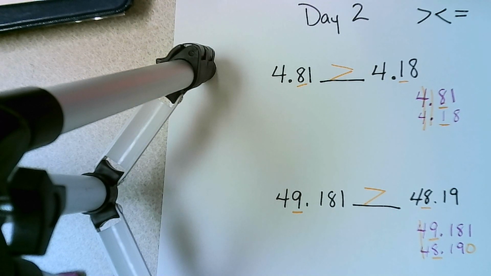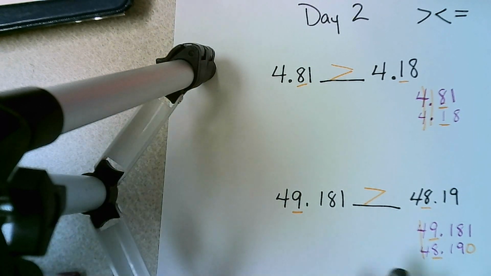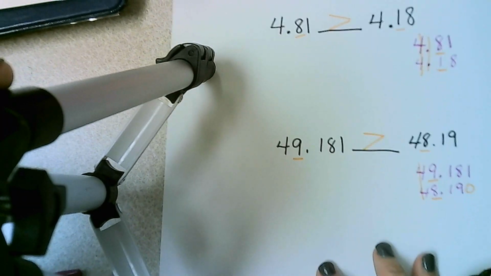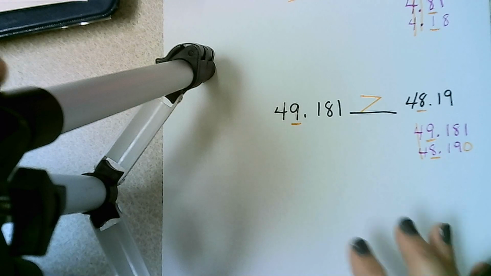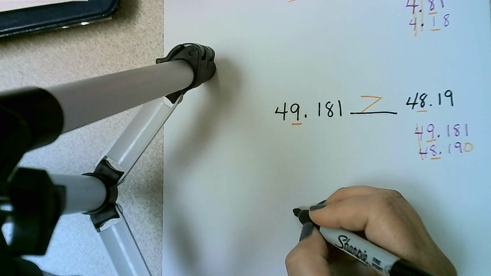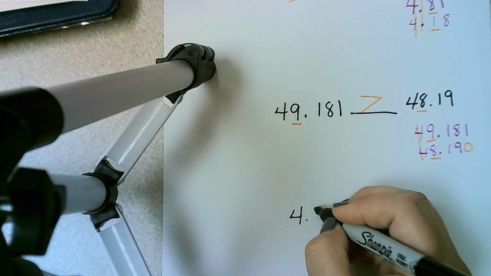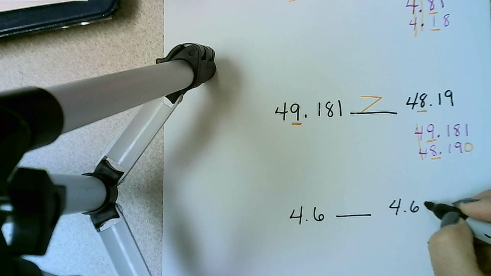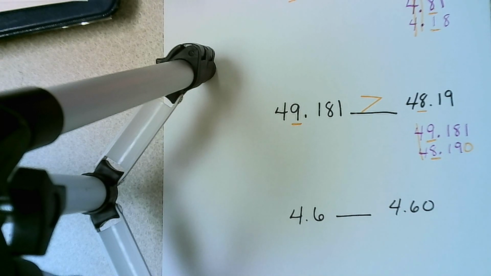I'm going to do one more simple one, and then today we're going to get into a little bit more complex. A simple one I'm going to do is rewrite them.